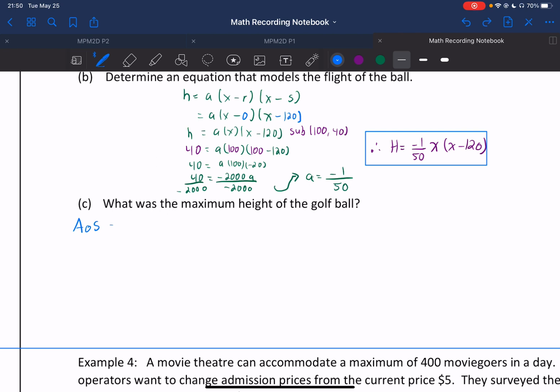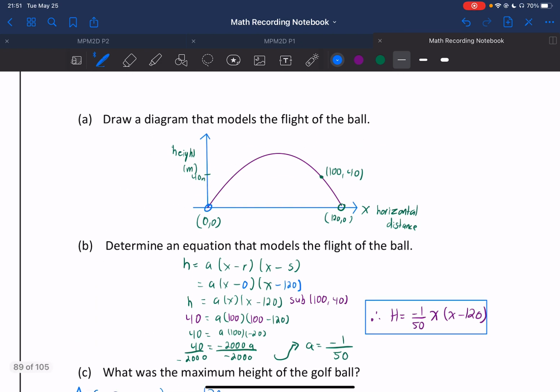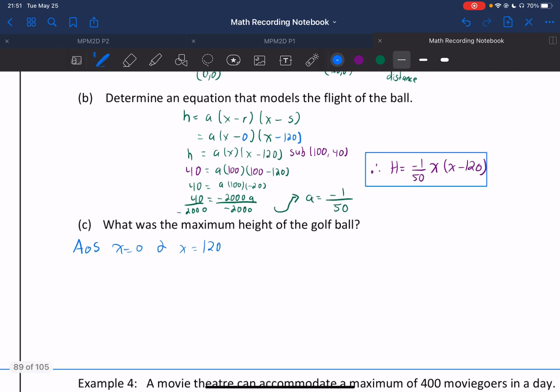Remember that our two zeros are x equals 0 and x equals 120. We found that out when we graphed it all the way up here. So our AOS is x equals (0 plus 120) divided by 2, which gives us 60 for x.